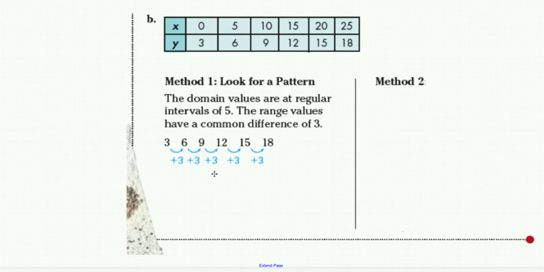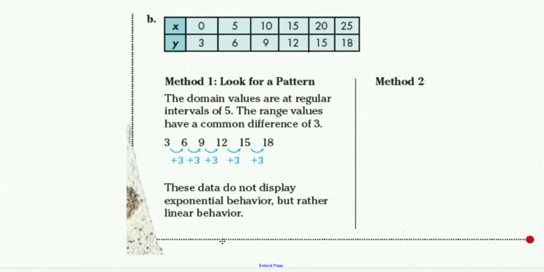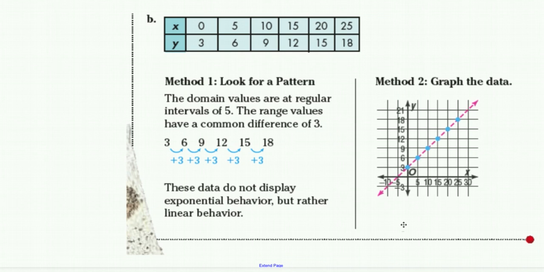That means even though the domain values are at regular intervals, this data does not display exponential behavior, but rather linear behavior. Because if you look at method 2 and graph the data, this is how the graph would look. It's a straight line. So this is the graph of a line, not an exponential function.